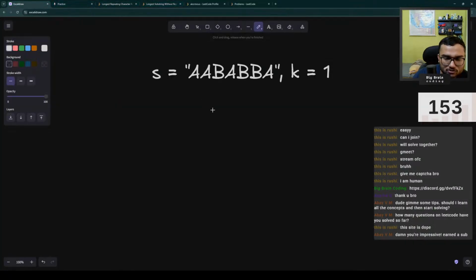So first of all, I should be finding the longest repeating character substring in itself.